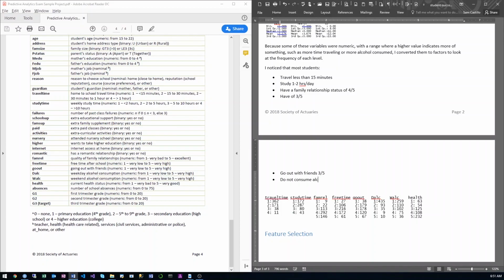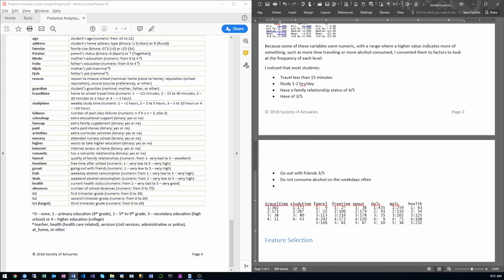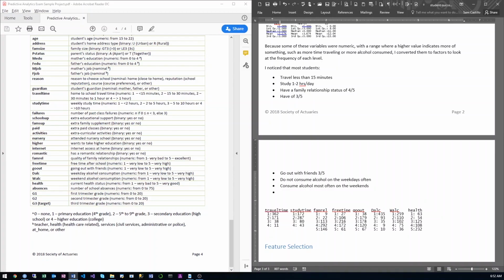Most do not consume alcohol on the weekdays often. Walc is weekend alcohol consumption. Health status is mostly a 5. This is the current health status. They are in very good health.